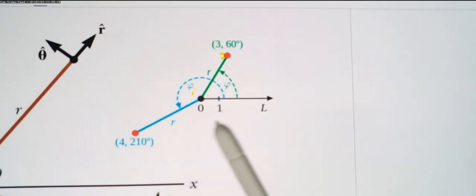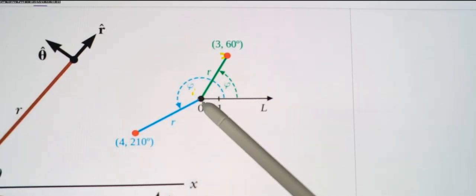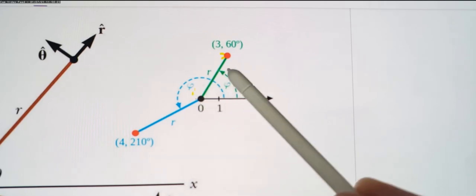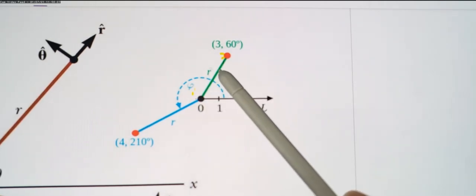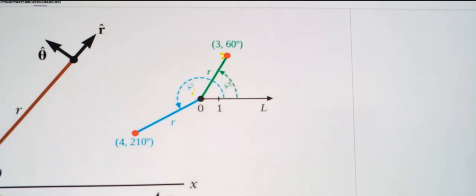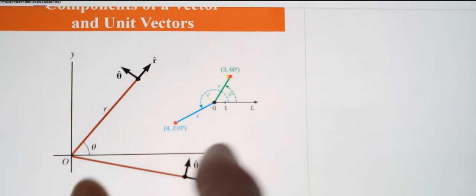Again, polar coordinates: this is our origin. You need to know the length of R and you need to know the angle. And then you can write your two vectors.